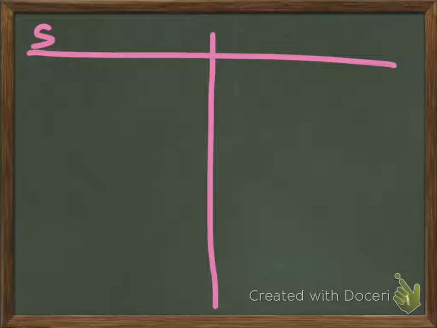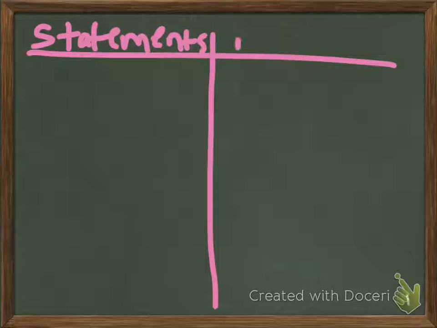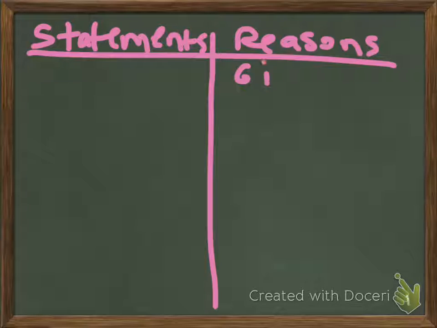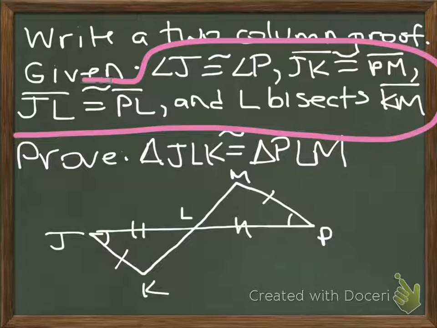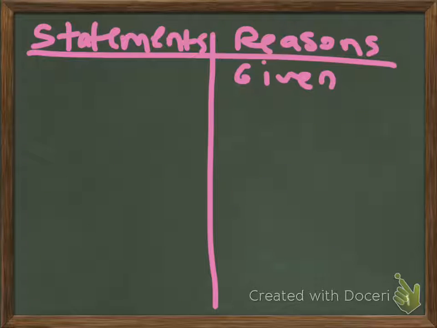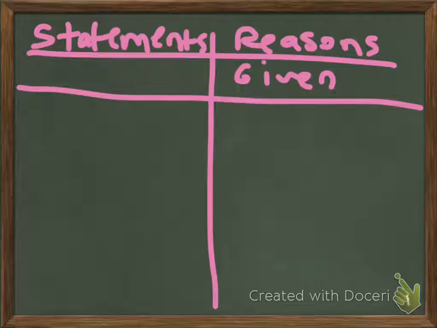So 2 columns, it's been a while, but we have statements and reasons. So we always start with our given, and that's all here. For lack of room, I'm just going to assume that that's going to be right across from it. So our given is given to us.